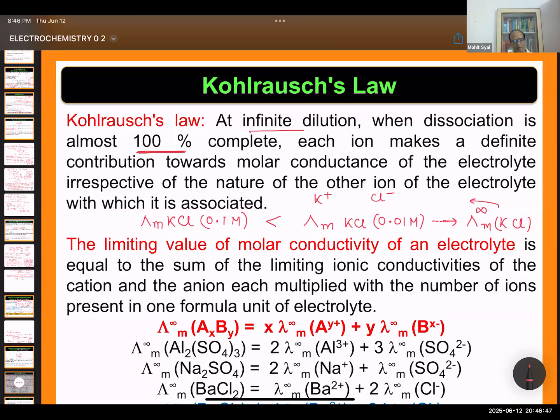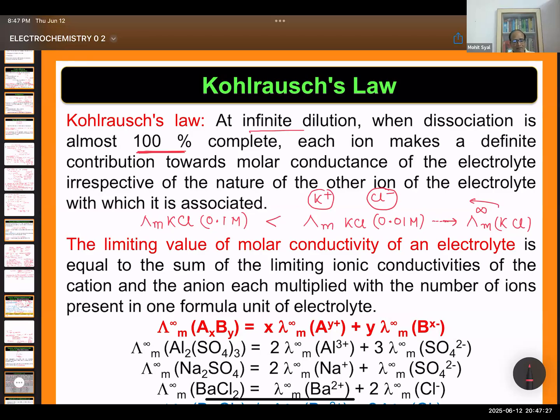Even acetic acid will completely dissociate into acetate ion and H plus ion at infinite dilution. So at infinite dilution, each ion will contribute towards the molar conductance of the complete electrolyte. So with KCl, don't think of KCl, think of K plus and Cl minus, because now they are not together at infinite dilution; they are separated, completely ionized.